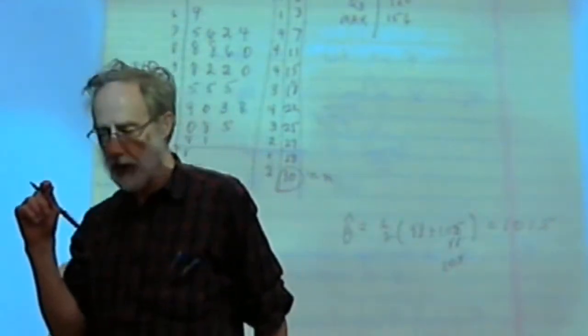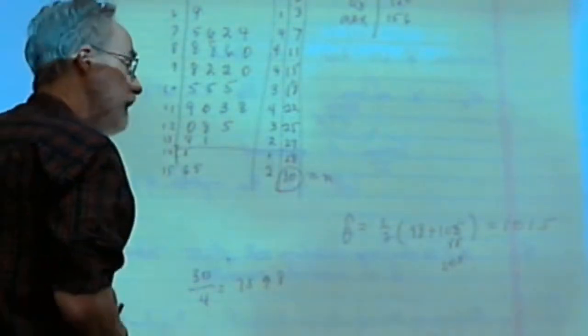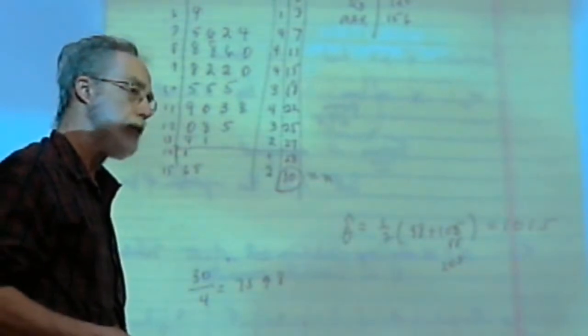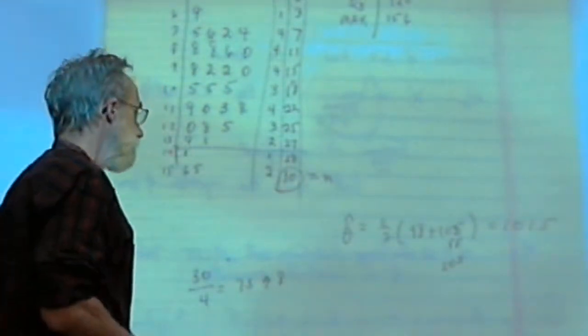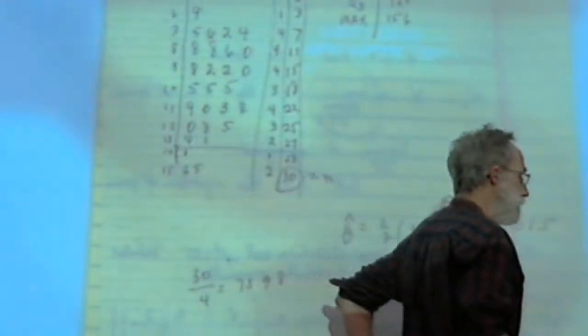Any questions on that? If you use a computer, for the first quartile it's probably going to take 1/2 the 7th order data point plus 1/2 the 8th. That's what the package is going to do. But in fact, I'll just round up.